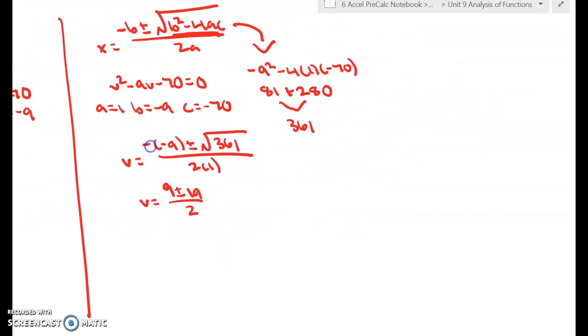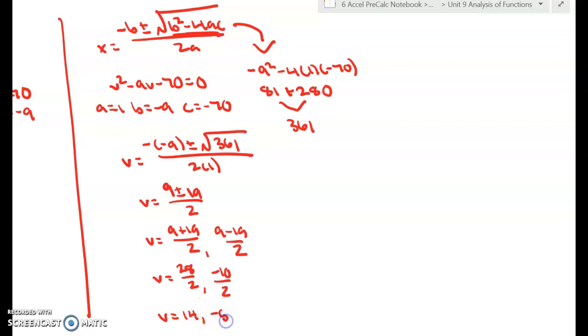Now we're just going to write the plus or minus as two separate expressions: 9 plus 19 over 2, and 9 minus 19 over 2. So 9 plus 19 is 28 divided by 2, and then 9 minus 19 is -10 divided by 2. Finish that out, it's 14 and -5.